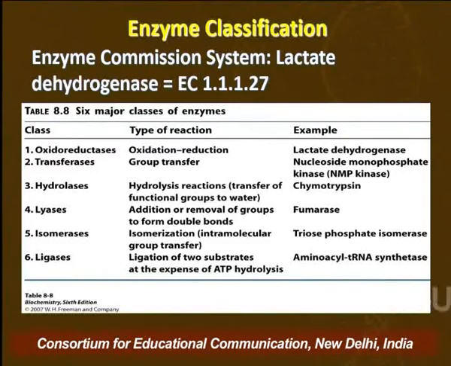Then the lyases, which add or remove a functional group to form a double bond. The fifth is the isomerases, which are responsible for forming isomers. One example is triose phosphate isomerase, which is present in the glycolysis reaction. The final one, the sixth, is the ligases, which are responsible for ligation of 2 substrates at the expense of energy, or the ATP molecule.